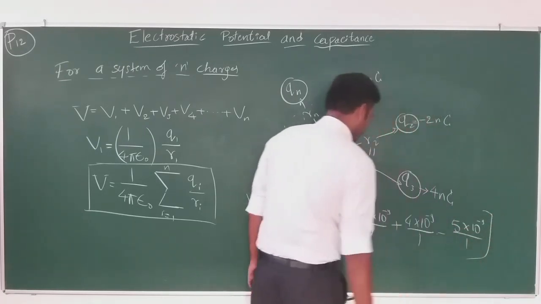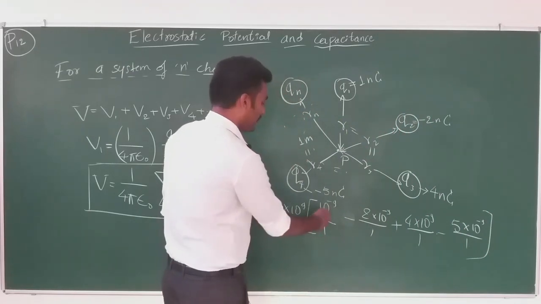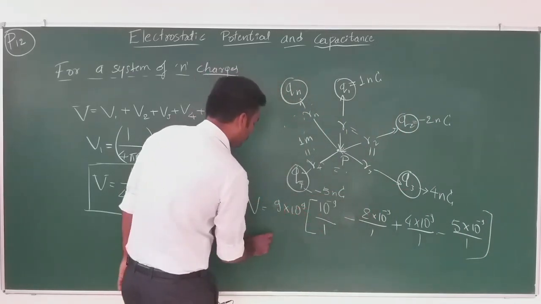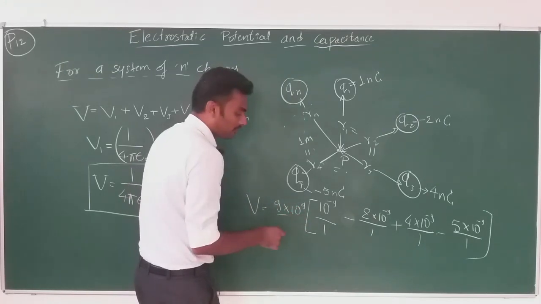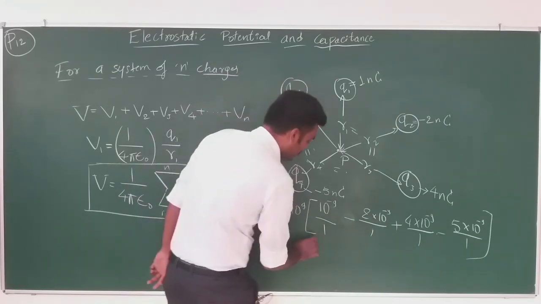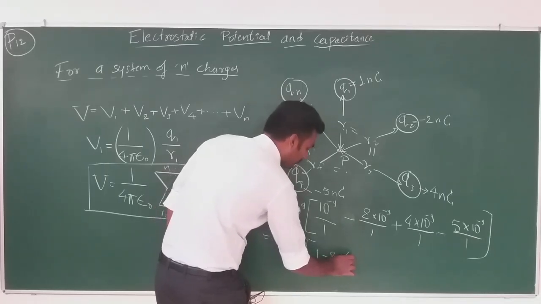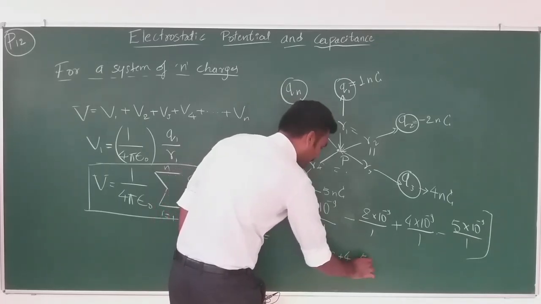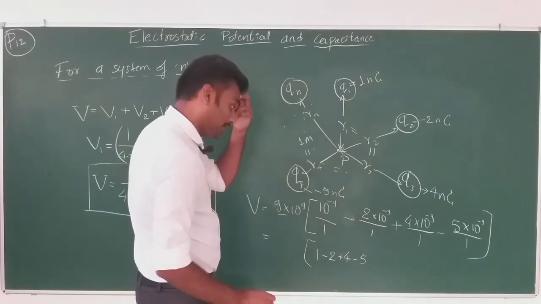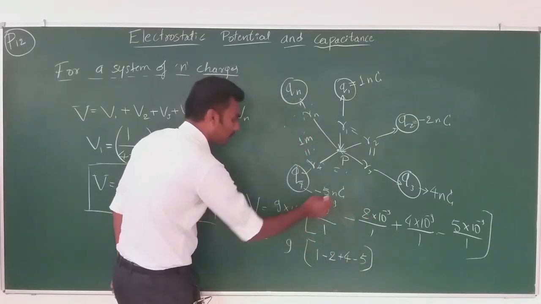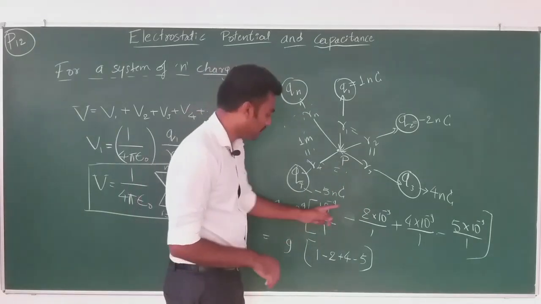Following? Now, 10 to the power of minus 9 is common and will get cancelled with the plus 9 of this 9 into 10 to the power of 9. The terms left inside are 1 minus 2 plus 4 minus 5. So, 10 to the power of 9 will cancel with minus 9 here inside the bracket.